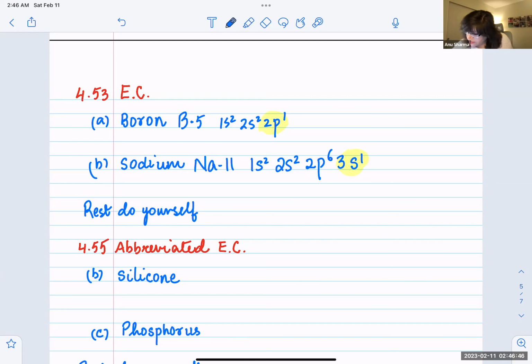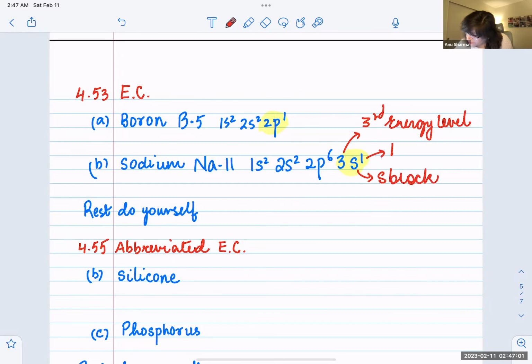Let me write this down. Third energy level, s block, and first column in the s block. All right, now here you have the 3s1.